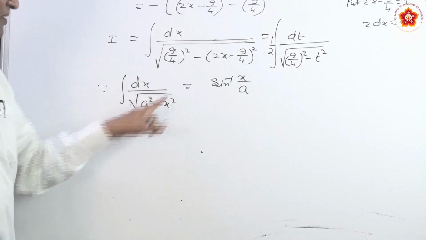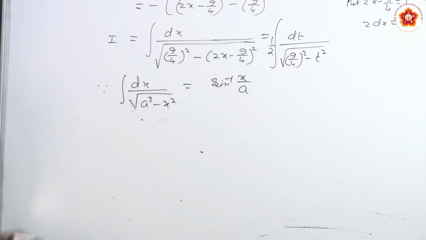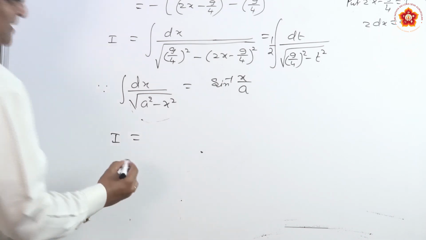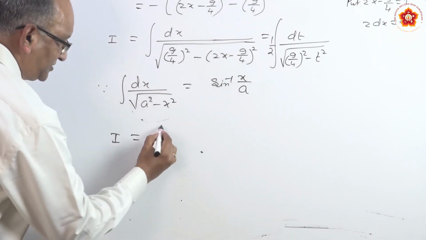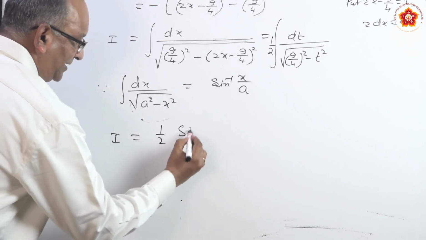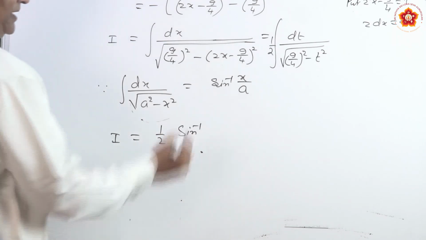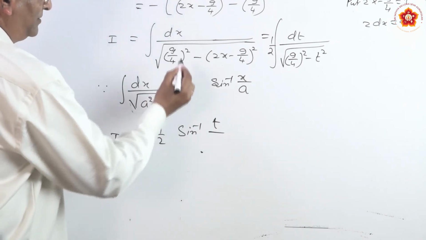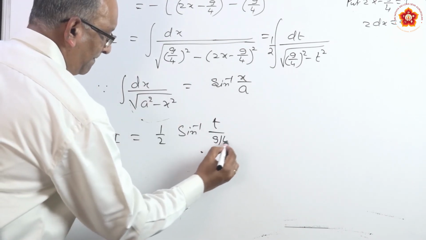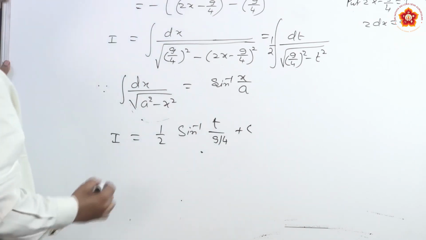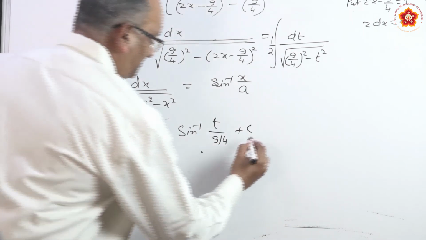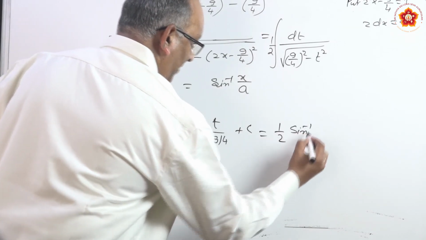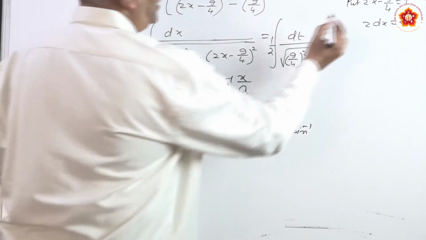Now apply this formula there. So, if you apply, you will get I equal to 1 by 2 is outside, so let it be so, sine inverse t by a. What is a here? 9 by 4 plus c. Substitute back what is t, you will get 1 by 2 sine inverse t. T is this one.